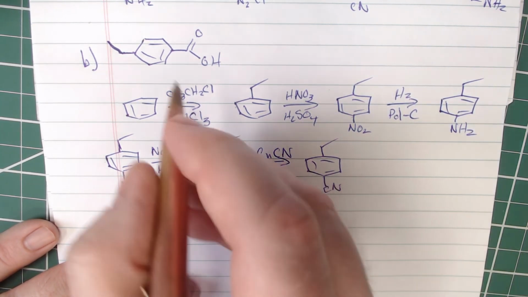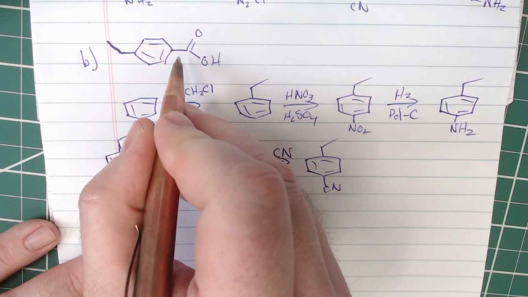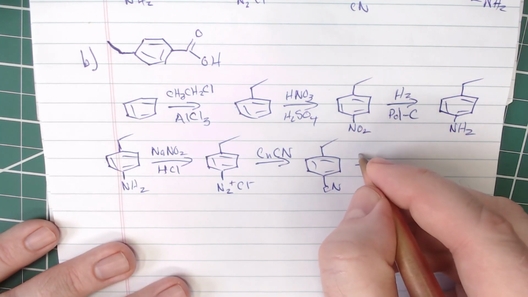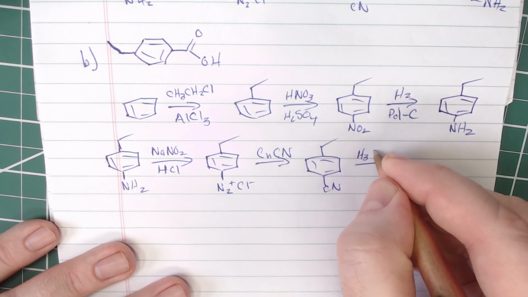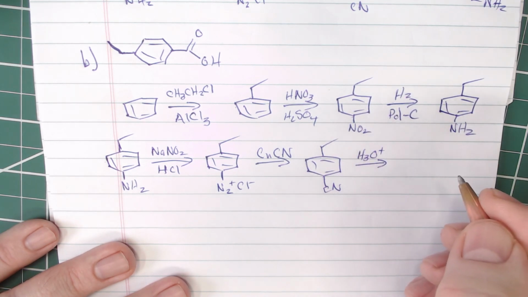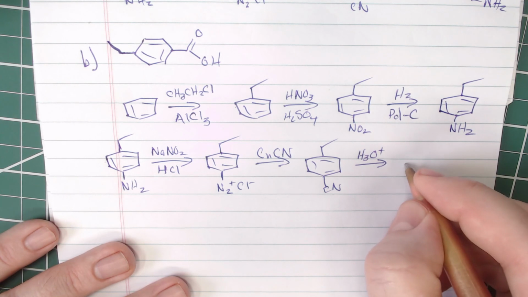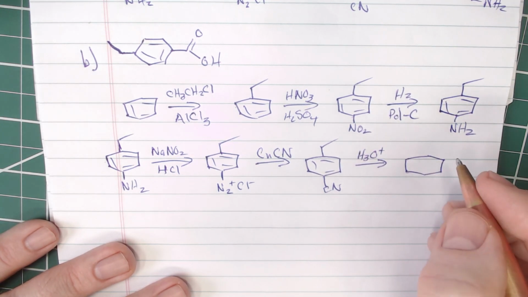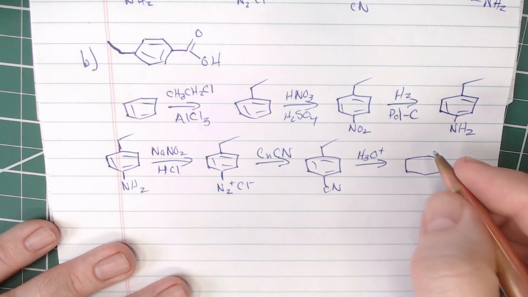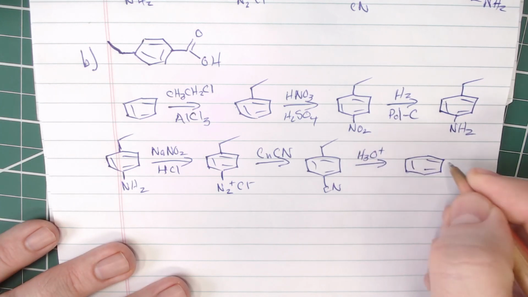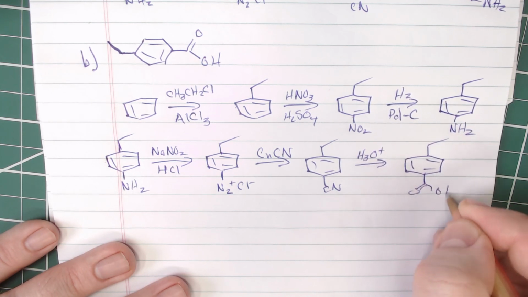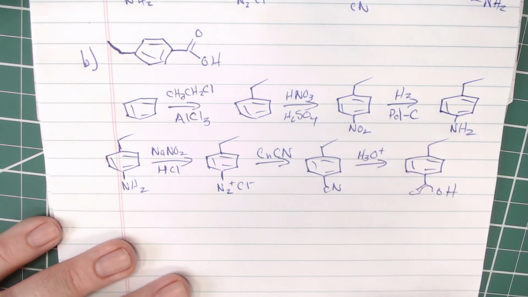And then this we can convert directly into this carboxylic acid by doing acid catalyzed hydrolysis. So H3O plus, and that will give us that carboxylic acid. And that would give us that compound.